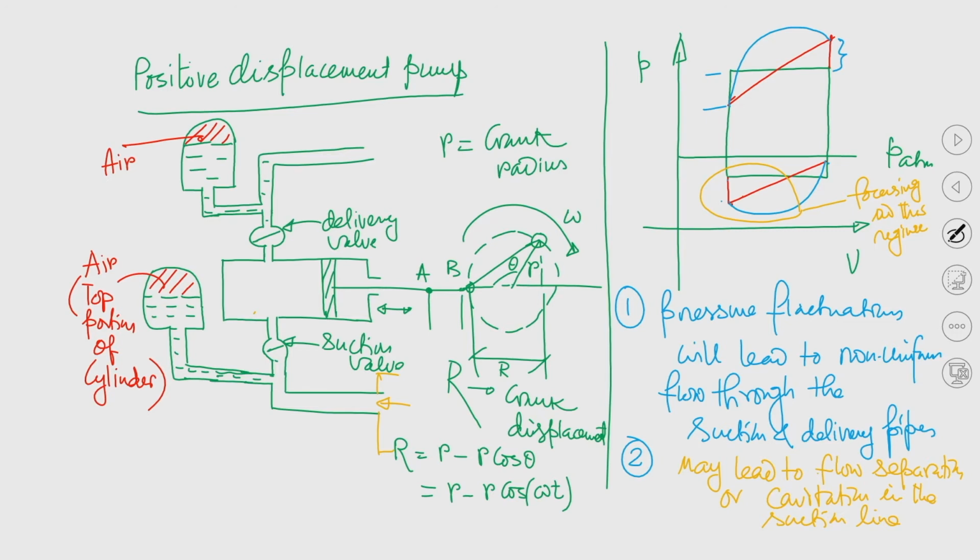Then there will be a kind of fluctuation in the flow rate. To arrest that, what is done? Some part of the liquid will now move into the air chamber, which is connected to the suction pipeline just below the suction valve. So, this is the suction valve.